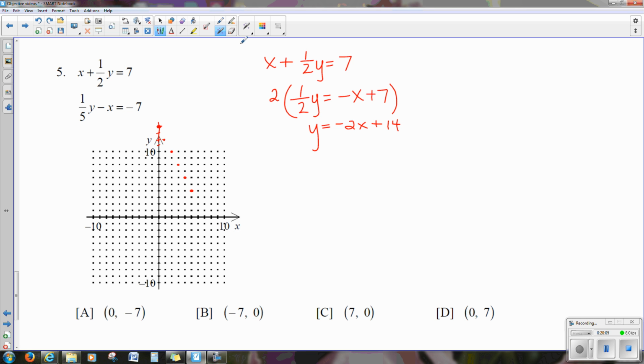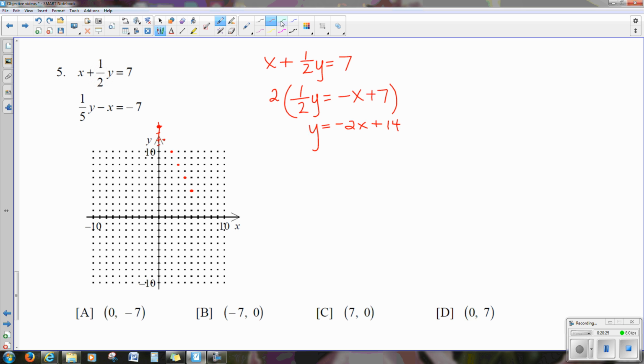So if that's all 0, that means that x equals 7, because x plus 0 equals 7. So we know that we have an x-intercept of 7.